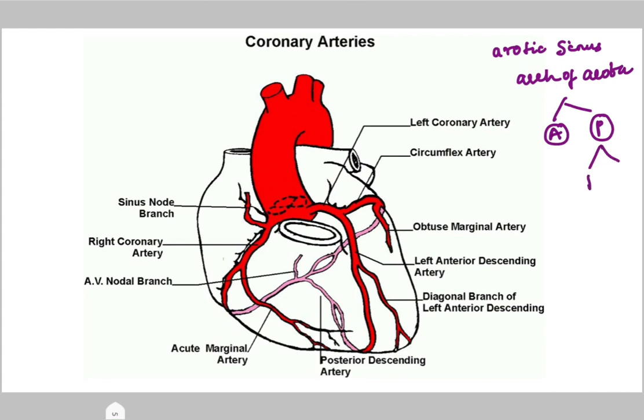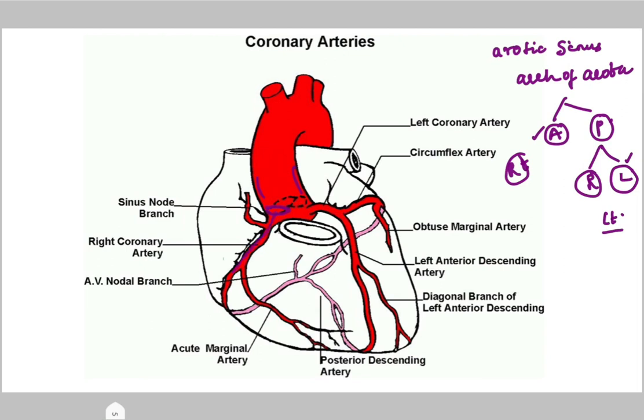It has anterior and the posterior aortic sinuses, and the posterior further has the right and the left parts. So the right coronary artery arises from the anterior aortic sinus, and the left coronary artery arises from the left posterior aortic sinus.